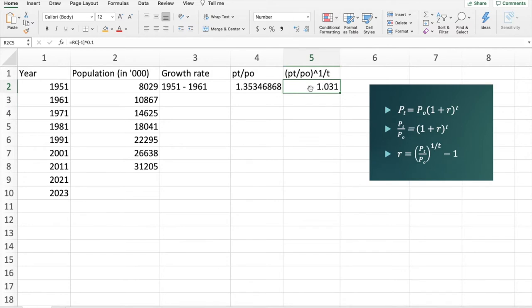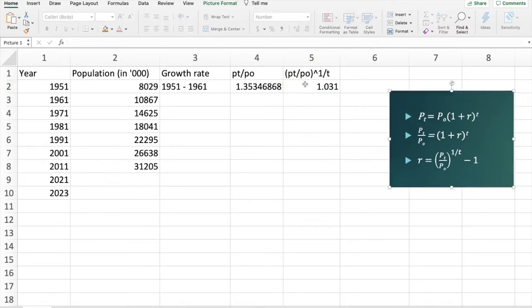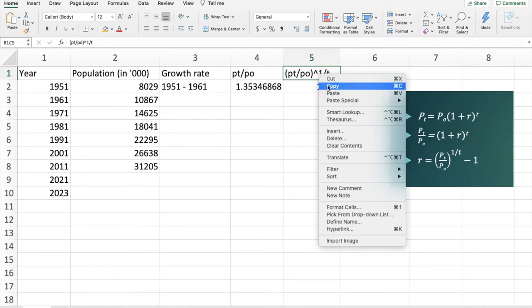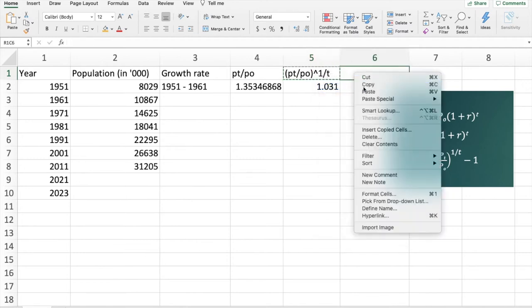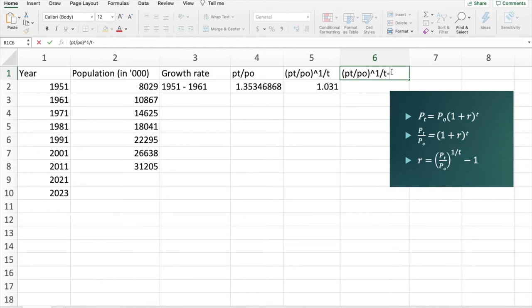So this is the value of (Pt / P naught)^(1/T). Now again we have to subtract 1, isn't it? Let us put this. So we have to do nothing here, just put equal to and select this one, then minus 1. So this is our annual growth rate between year 1951 to 1961.